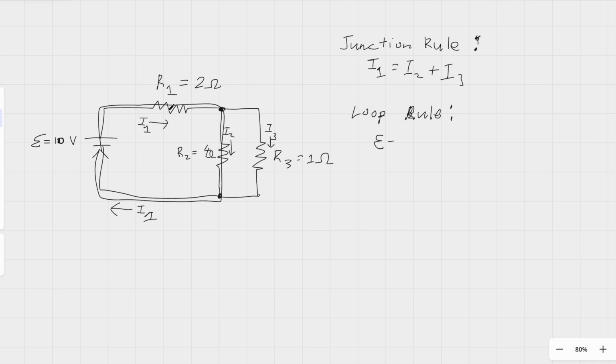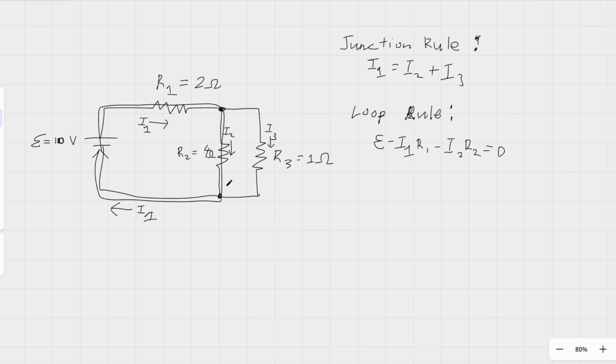So the voltage across the first resistor will be I1 R1, and then you go through the second resistor, and the voltage through the second resistor, also according to Ohm's law, will be I2 R2. So that's all the voltages across this first loop.